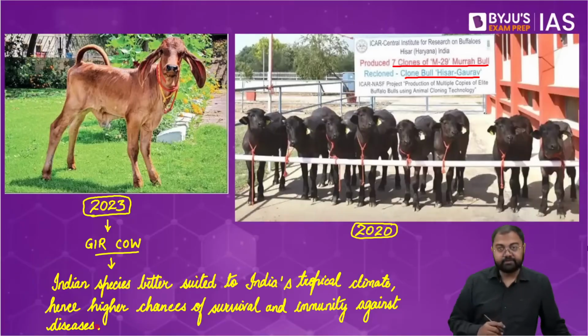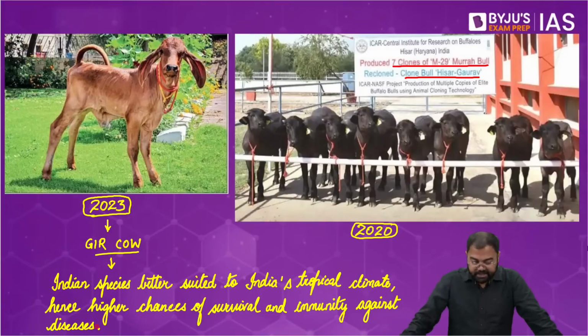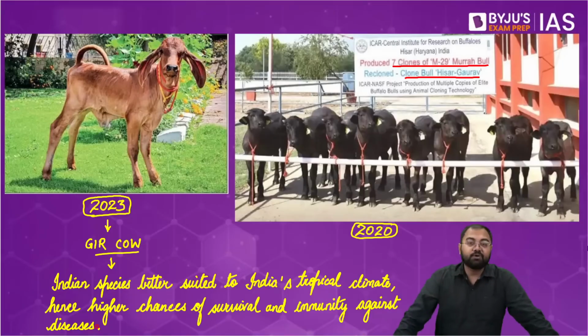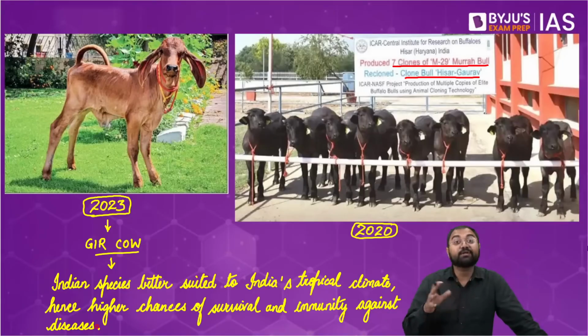So that was the basic reason why this time we thought that instead of looking at cloning of foreign variety of cows, let's also try goes, and see if we are able to draw all the benefits that we are theoretically thinking of.